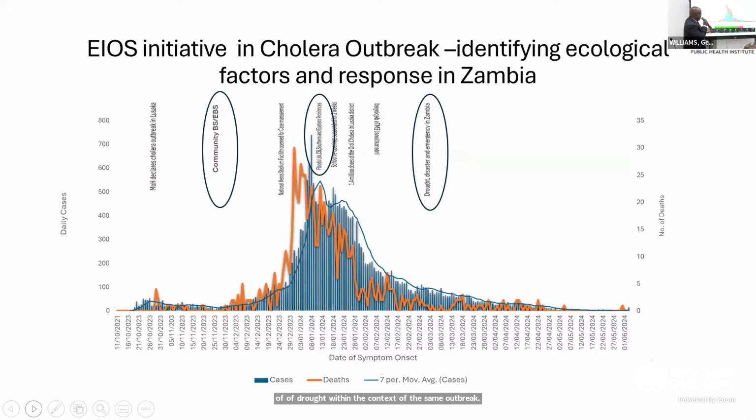So in short, we can triangulate information from the EIOS, getting ecological data to understand what is happening around an outbreak. In the context of Zambia, this is one example we used to inform how the outbreak evolved, and also to heighten our response mechanism. Next slide.